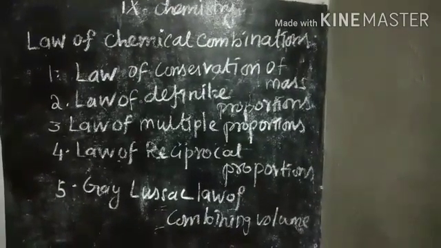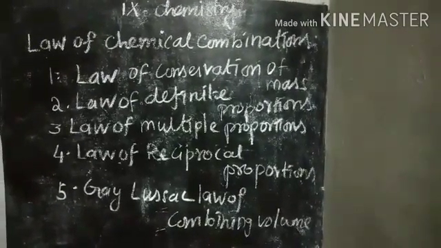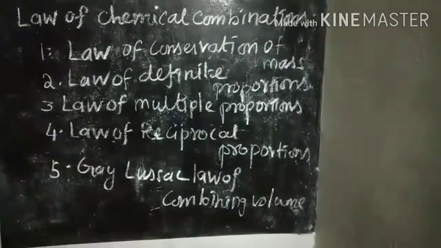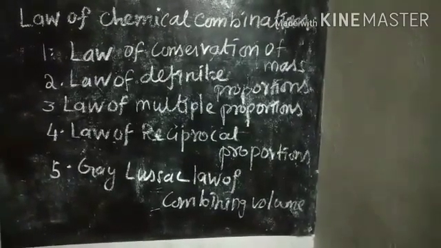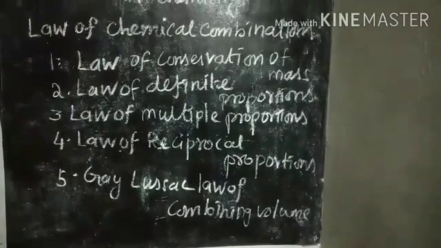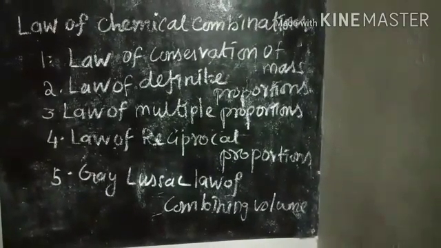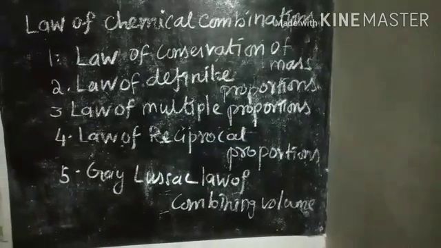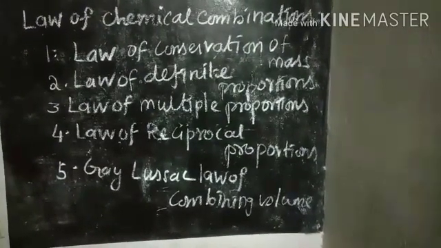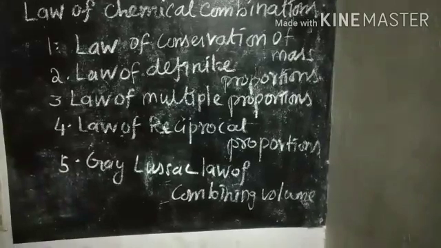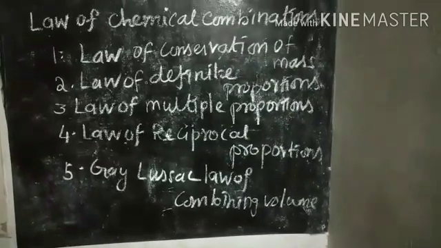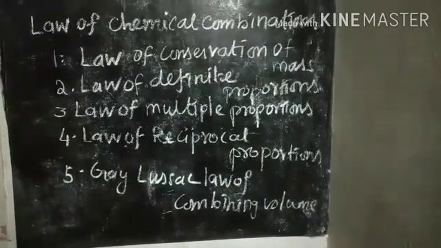Every chemical reaction is based on 5 laws. Before you learn about the 5 laws, first you should know the definition of chemical reactions. Atoms or molecules react together to form a new product, and such a process is known as a chemical reaction.